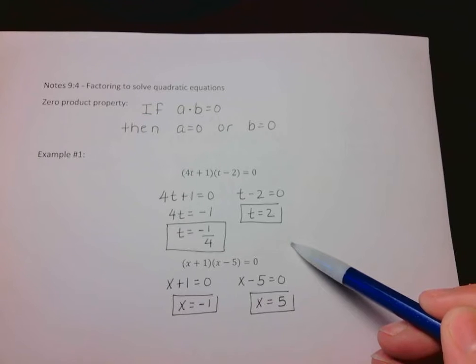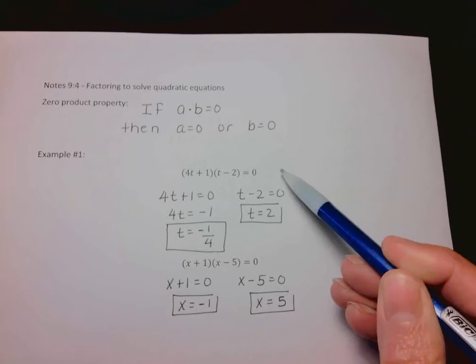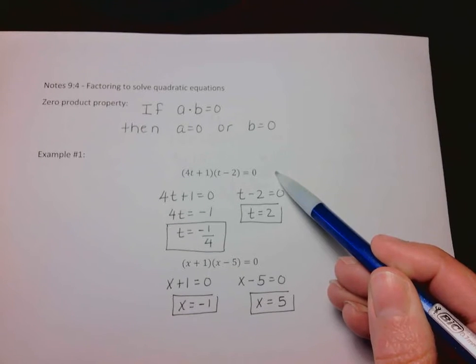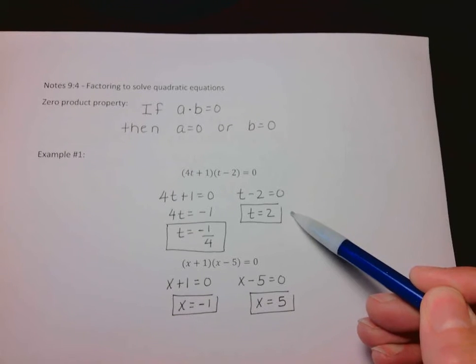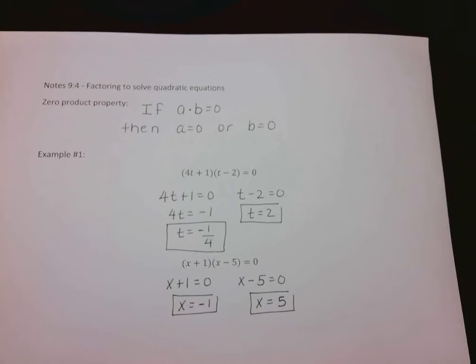So the possible values for my variable that will make this equation equal to 0 are negative 1 over 4 and 2. When t is negative 1 over 4, this equation is equal to 0.